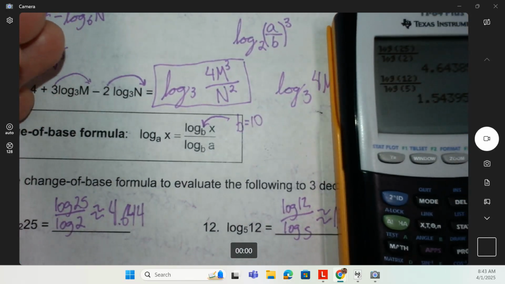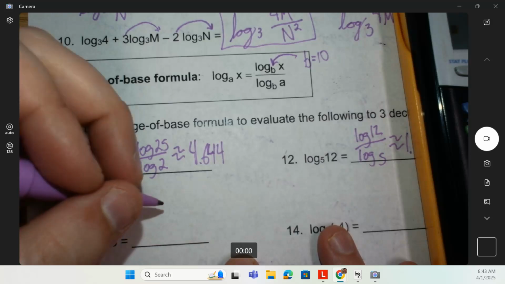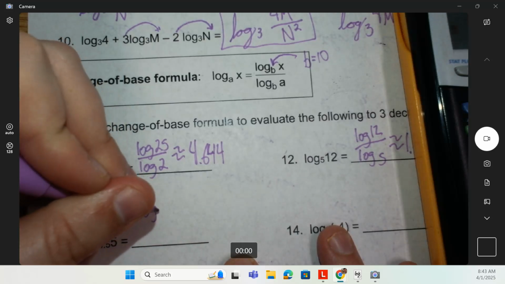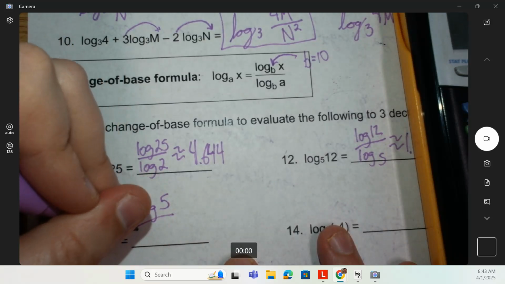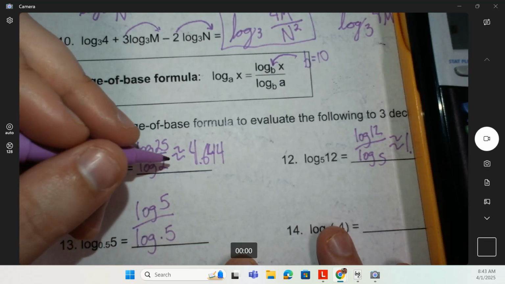Okay, and even if we've got like 13 where it's a decimal, we'd still do the log of 5 over log of 0.5.